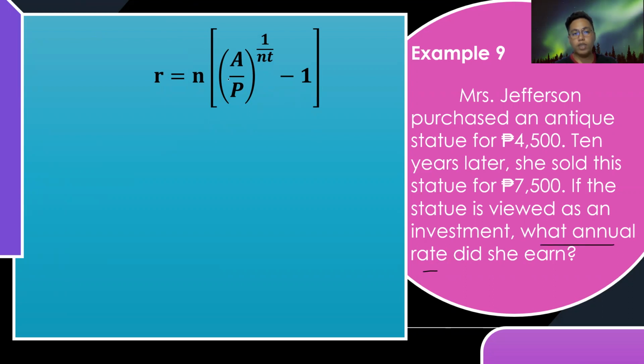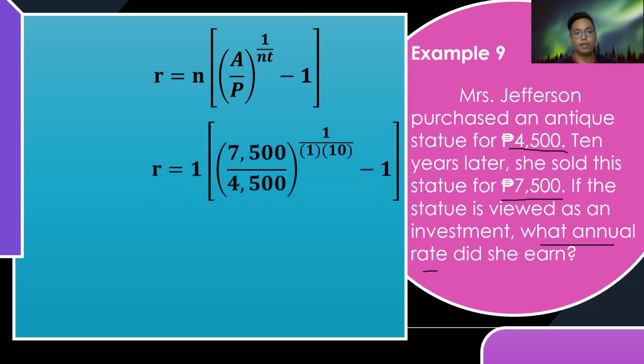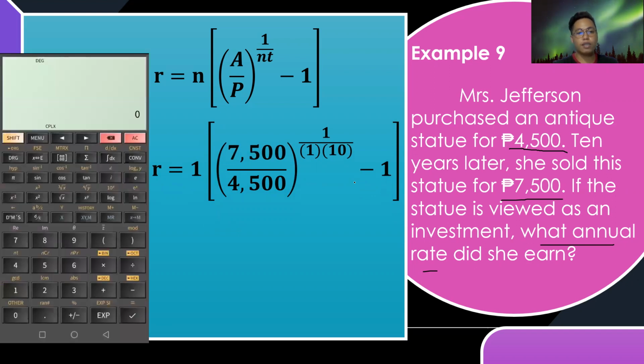The A, which is the future value, will be 7,500, while our present value, or the initial amount of the statue, is 4,500. So substituting this to the formula, it will give us this one. Don't be surprised with this because we will be helped by the scientific calculator.